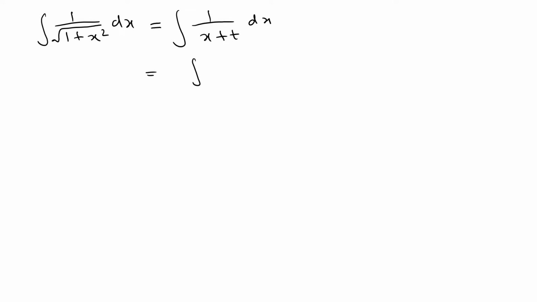So first, we know that x plus t is equal to 1 over 1 plus t squared over 2t, and then dx is a negative 1/2.